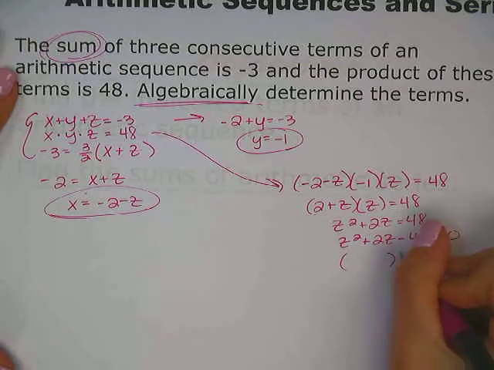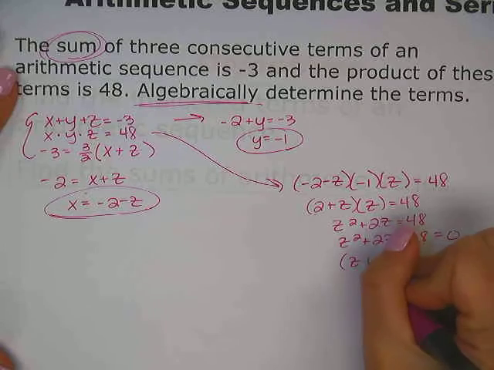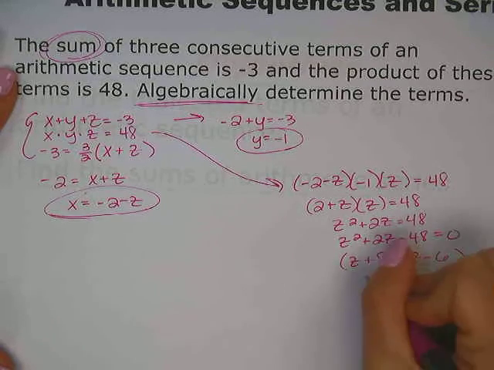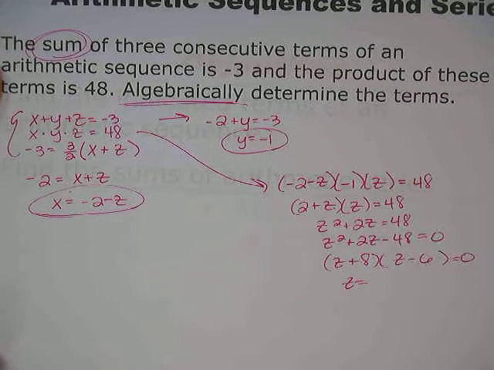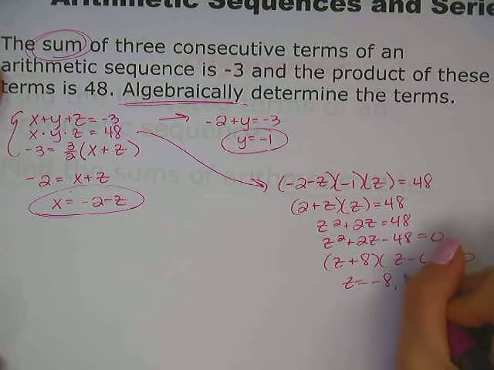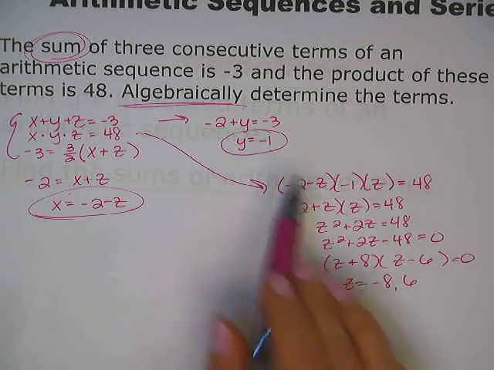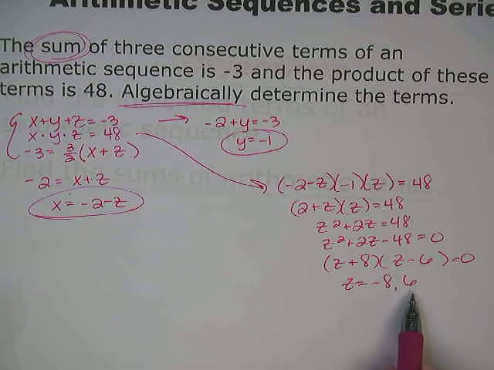And therefore, when I factor, let's see what I get. Z plus 8, z minus 6 equals 0. Z equals negative 8 and 6, or 6, I should say. Now, we're on the home stretch here. I just figured out that z could either be negative 8 or 6. I already know that y is equal to negative 1.